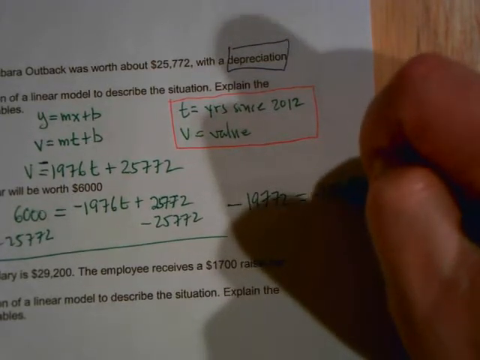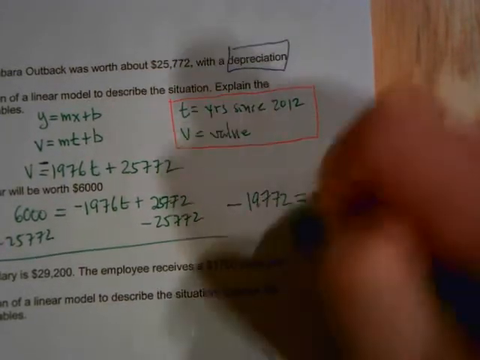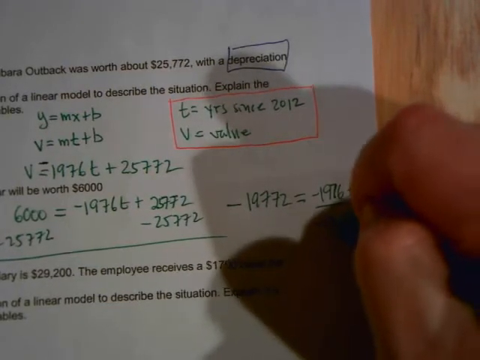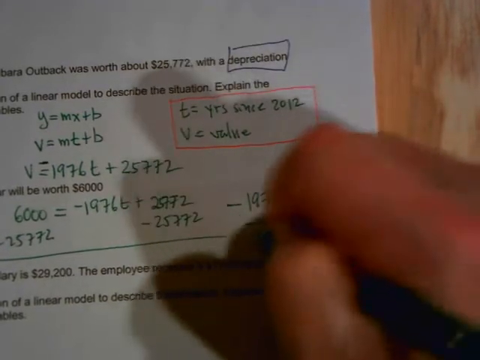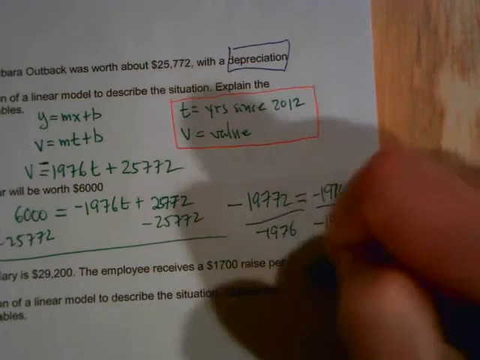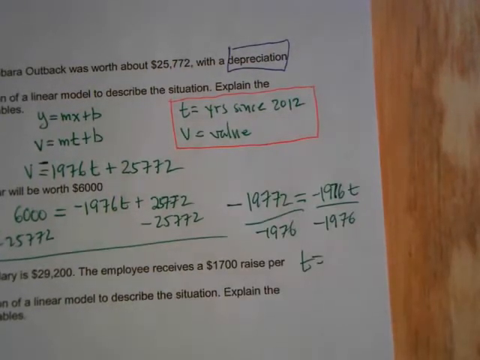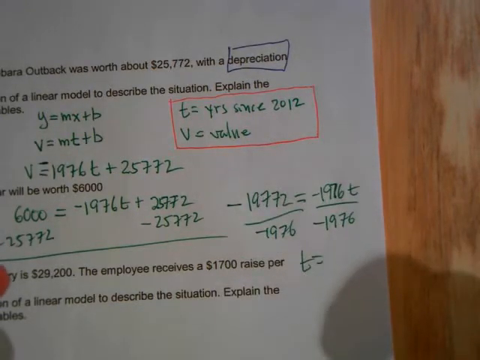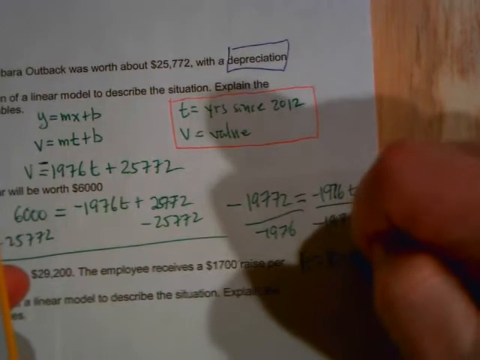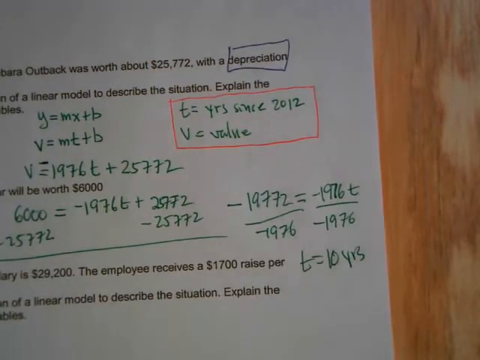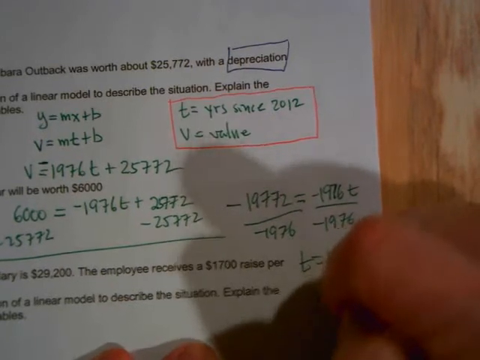I divide both sides by minus 1976, and I have t is 10.006 years. We're just going to call it 10 years. So we started in the year 2012, so this would be in the year 2022.